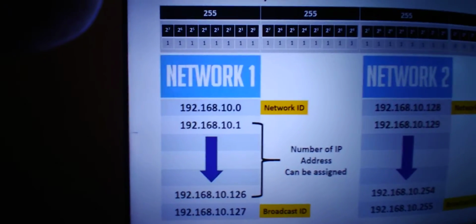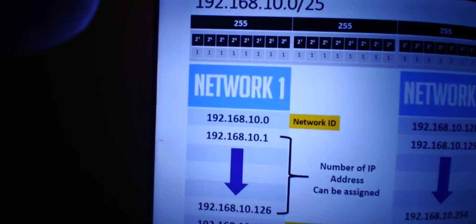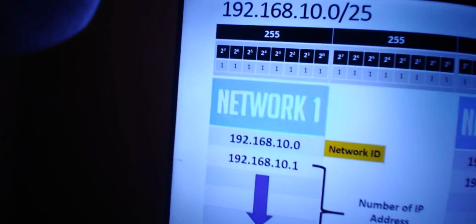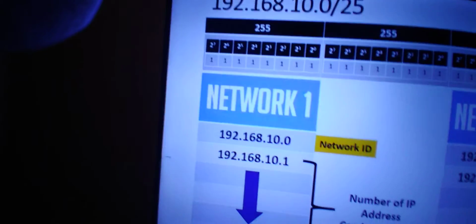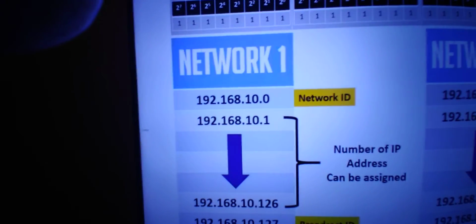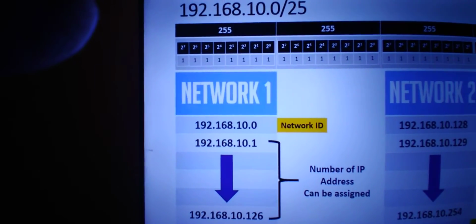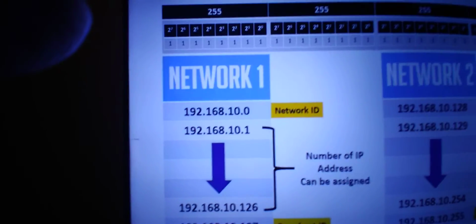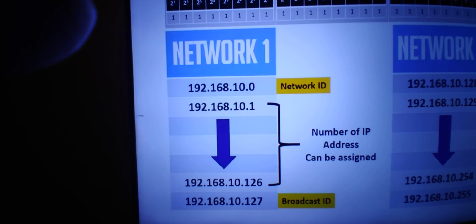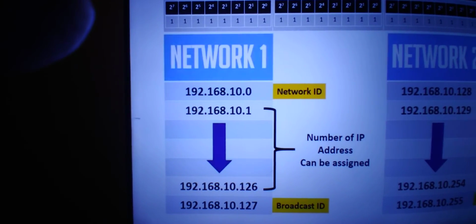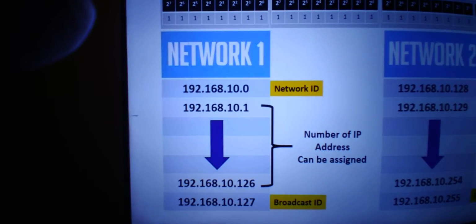So as we stated, there's one address reserved for the network ID, which will be 192.168.10.0. And the broadcast address is reserved as well. That's why we had the minus 2. So 192.168.10.127 is the broadcast ID.